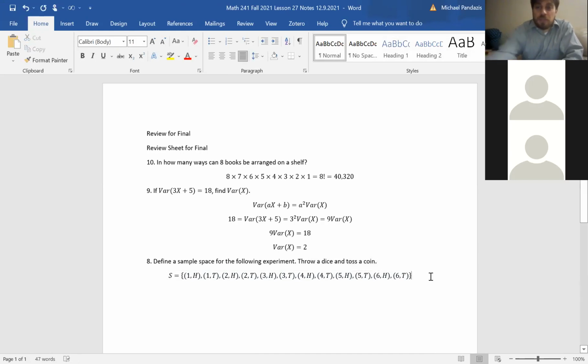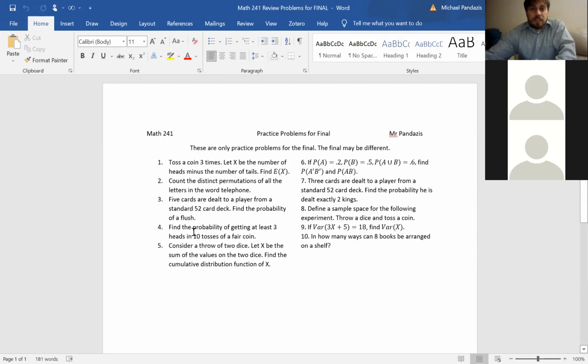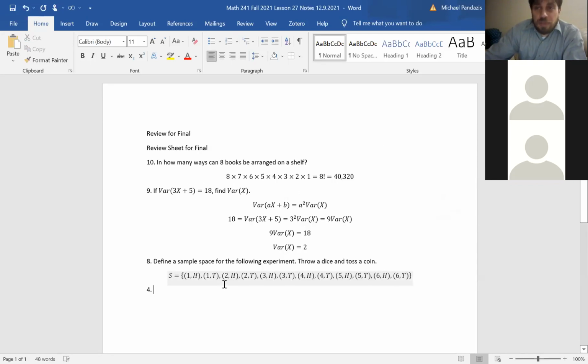That's the 8th problem. And I'm kind of just going around in any order. Let's say number 4. Find the probability of getting at least 3 heads in 10 tosses of a fair coin. You had this up on the screen the whole time, I hope. This is the Word file I was typing on.